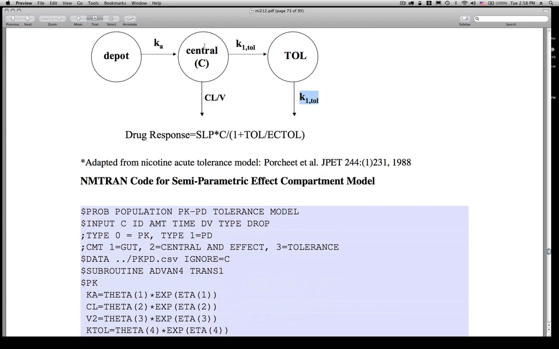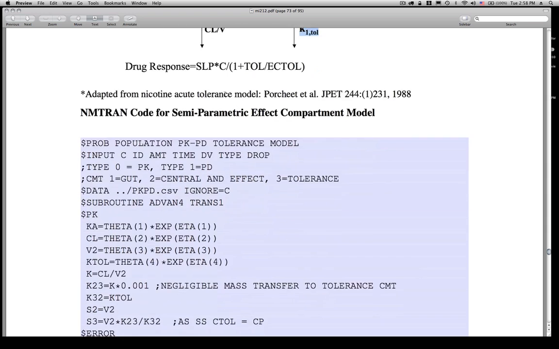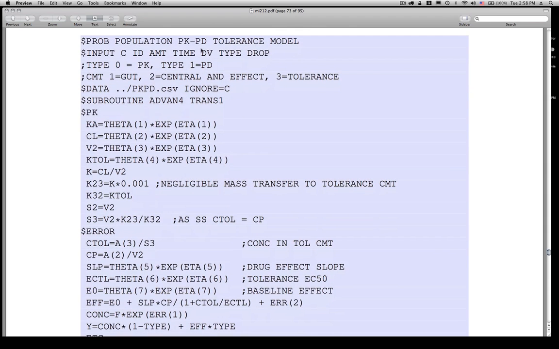So PK observations are in the central compartment, and PD observations are also driven by the central compartment. They're just modulated by this peripheral or this tolerance compartment. So we're going to have to account for that. But the DV now is a single column. There's no CMT data item. We do have a type indicator to indicate PK versus PD.